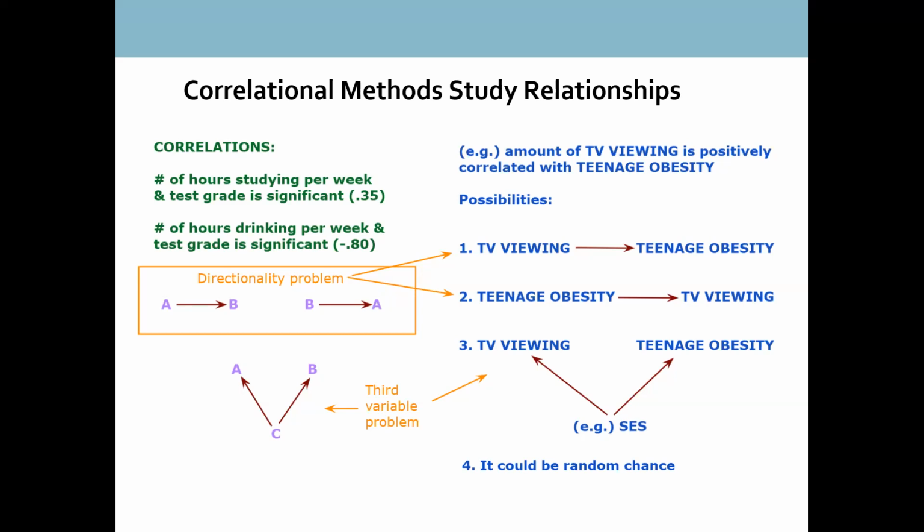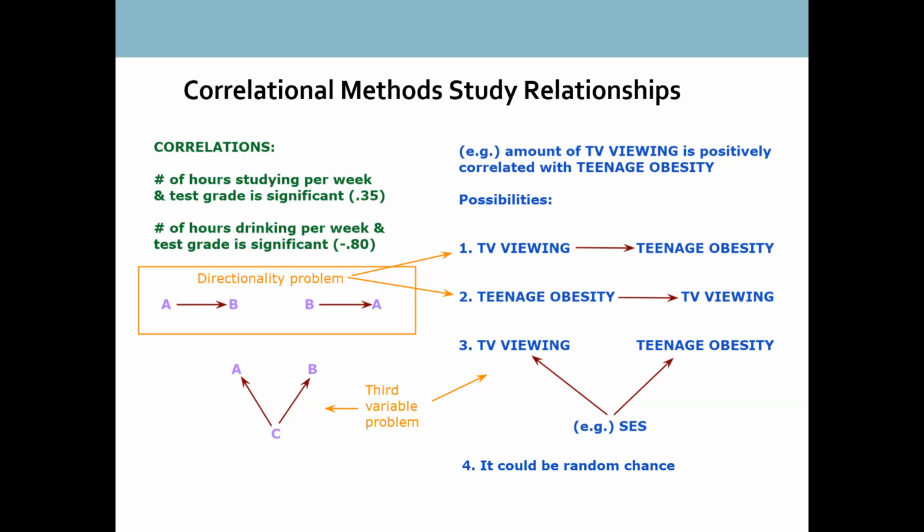So one possibility in this example is socioeconomic status. We know from other research that people of a lower socioeconomic status tend to watch more TV. We also know from previous studies that people of a lower socioeconomic status also tend to have a higher probability of being obese.